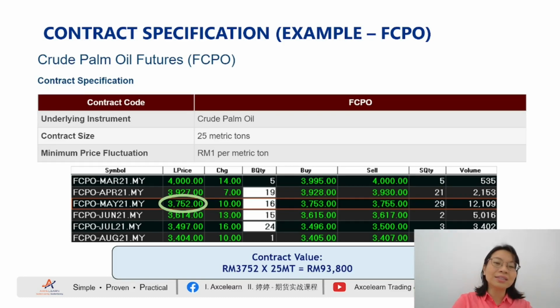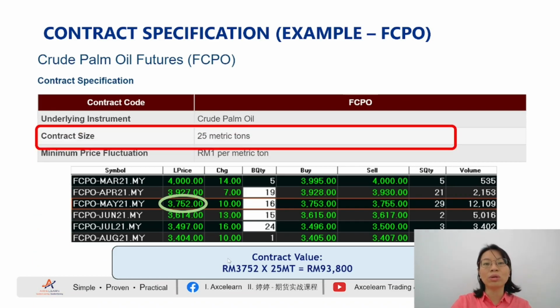Another example: if I want to calculate the whole contract value, I need to know exactly how much the contract value is. So I take 3752, the last traded price, times 25 metric tons. Can you see that? So I know that at the price of 3,752 ringgit Malaysia, the whole contract is worth 93,000, because each contract carries 25 metric tons.